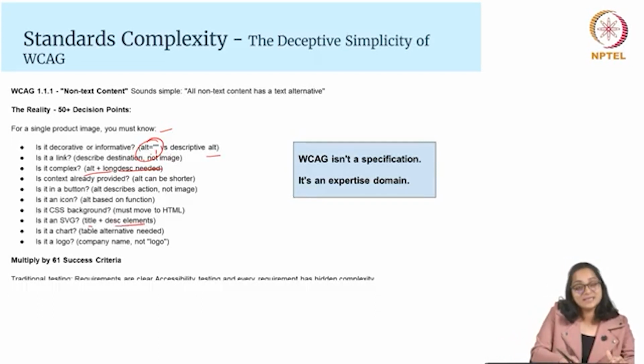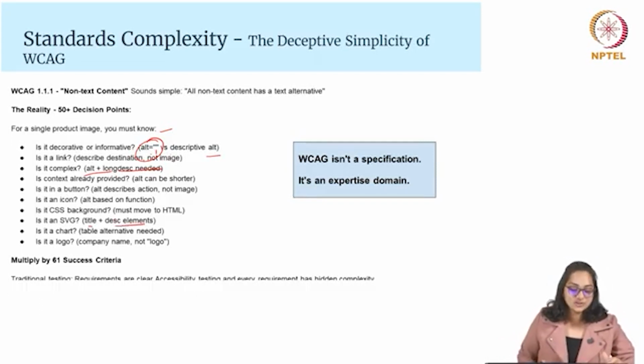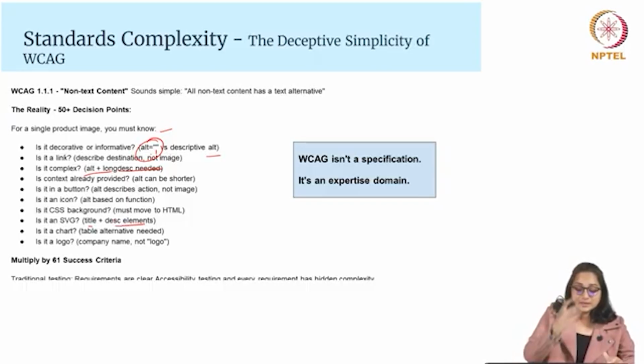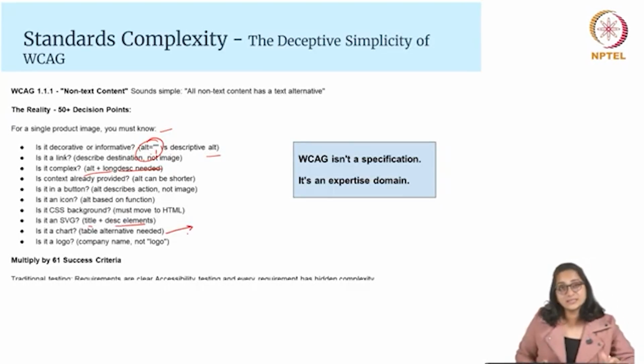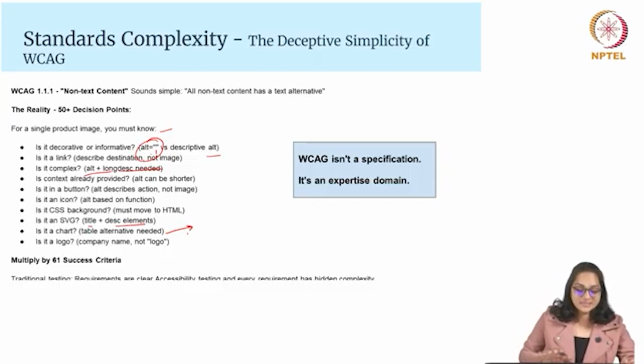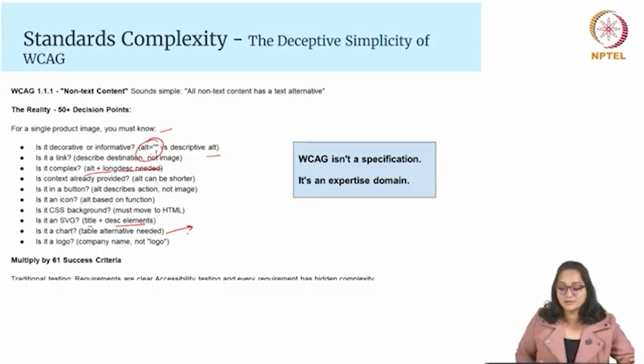Then it has to have title and description elements. Is it a chart? Then a table alternative is also needed. Is it a logo? Then you have to describe the company name, not the logo. So multiply by 61 success criteria, roughly 50 plus decision-making points for each WCAG criterion. It's a lot to process.